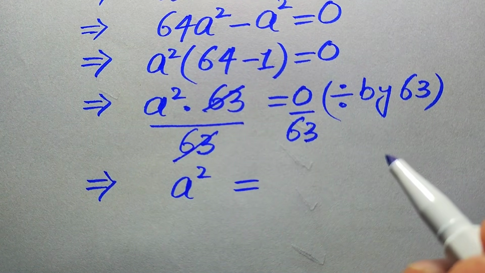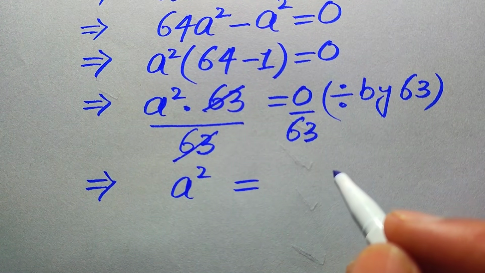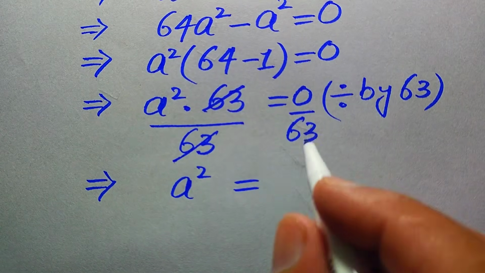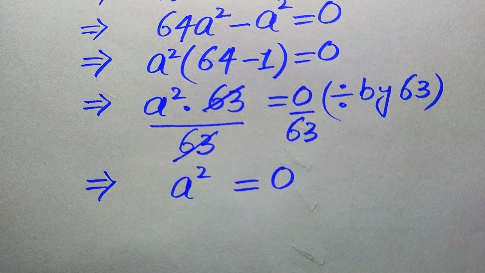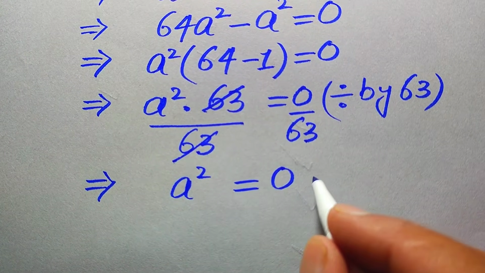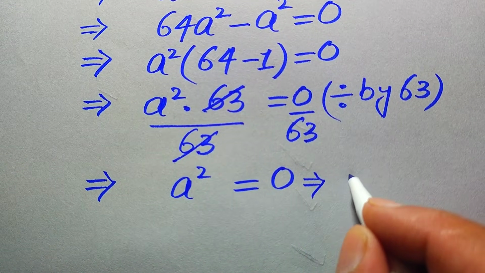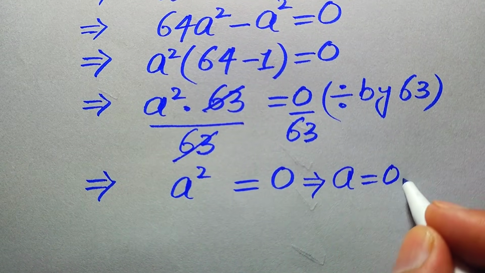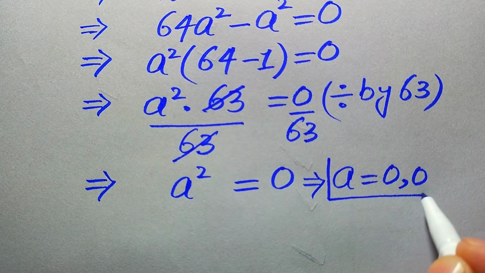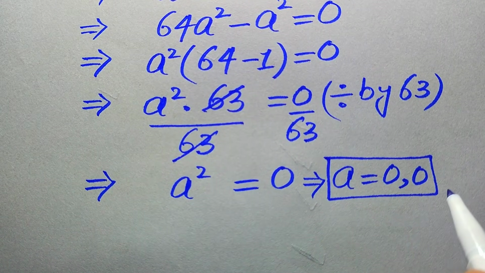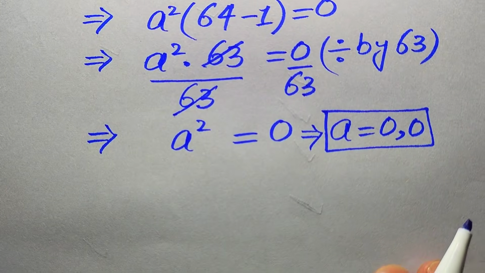We know that when we divide 0 by any other number, it will always give us the answer 0. So a squared is equal to 0. This implies that a is equal to 0 and 0. So this equation gives us repeated roots, and these two roots are 0 and 0.